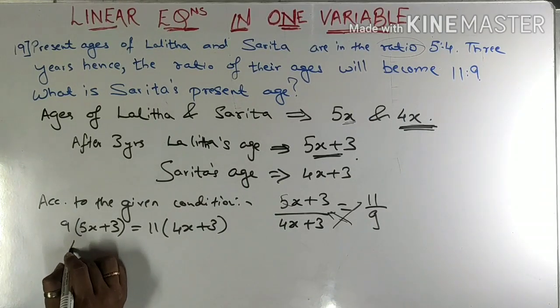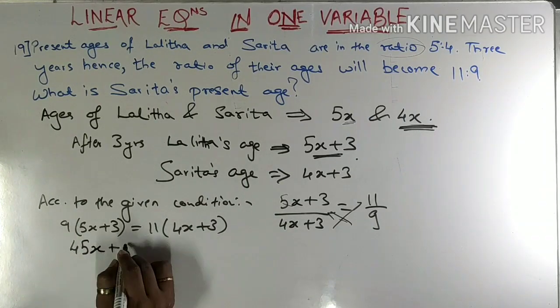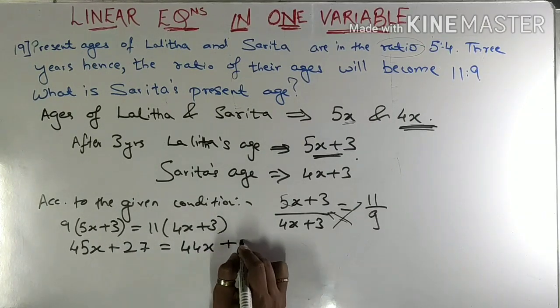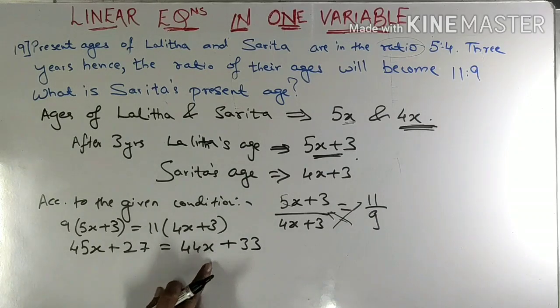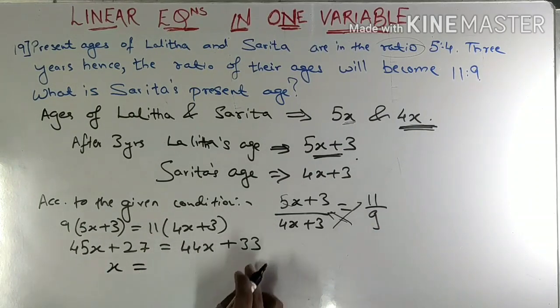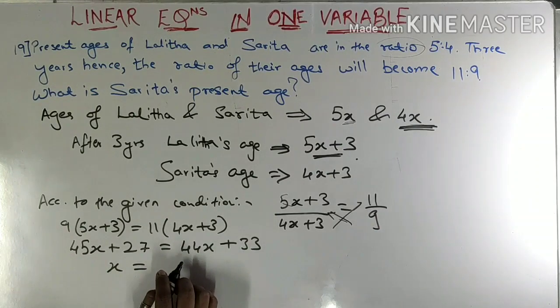9 5s are 45x plus 27 equals 44x plus 33. Take x term on one side, that is 45x minus 44x is x, and 33 minus 27 is 6.